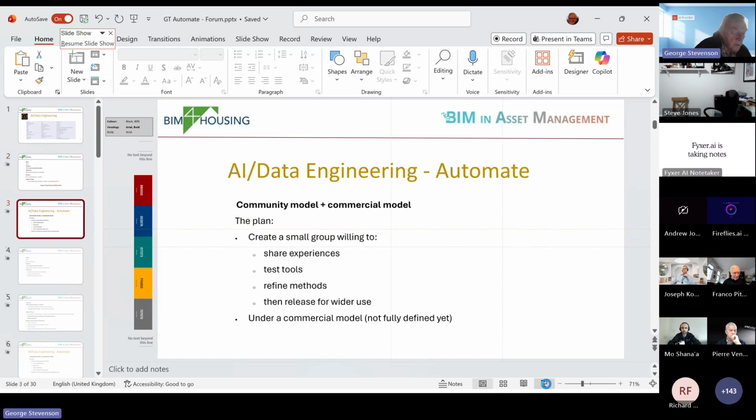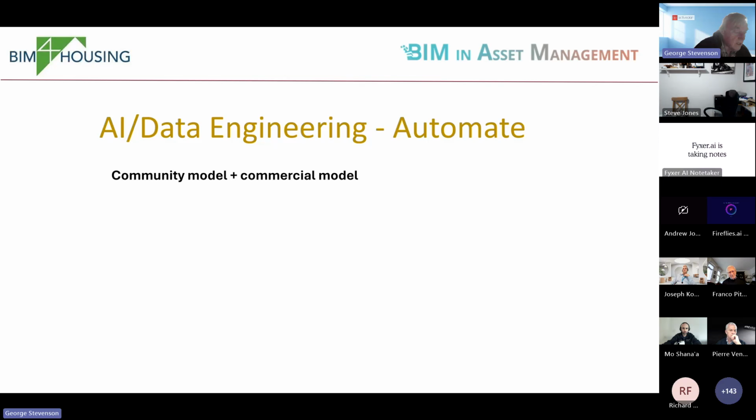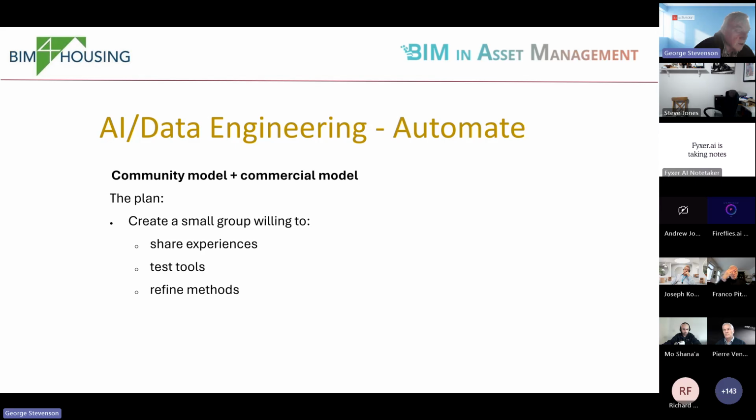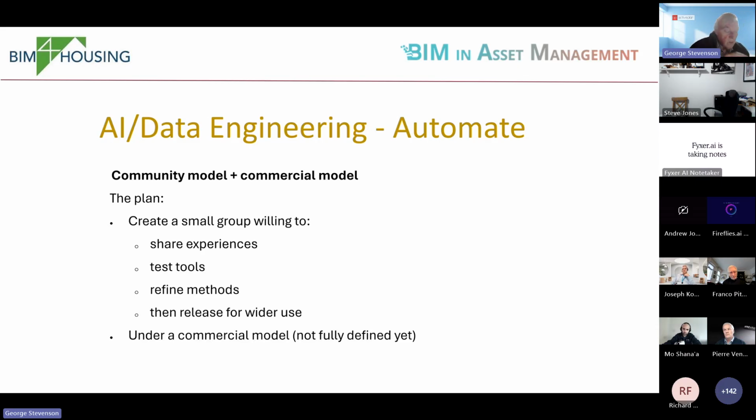The principle is to establish a community and a commercial model, where we've got a small group that are willing to share experiences, test tools out, refine methods, and then release them for the wider use of the rest of the Golden Thread Task Force. If you're interested in being part of that, we don't know yet what the commercial model is going to be, because nobody really knows how the whole technology platform is going to work.